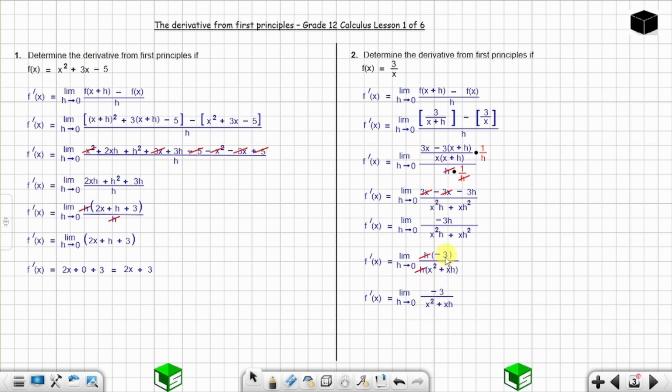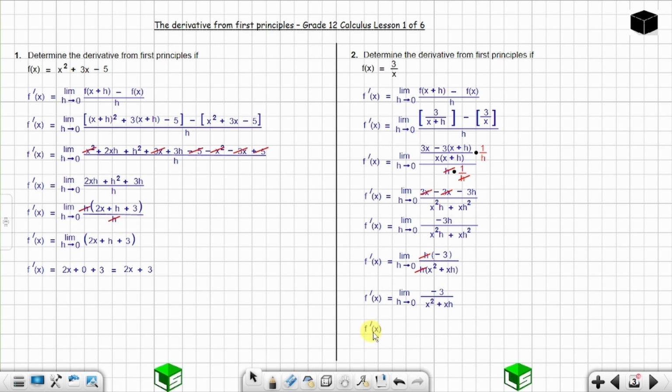Like this. So can you substitute 0 for h? When you substitute 0 for h, you're going to have this equal to 0. So you are going to have x times 0. You can see you are not going to have division by 0 because you still have this. This is not going to be 0. So you can substitute 0 for h. You are not going to have division by 0.